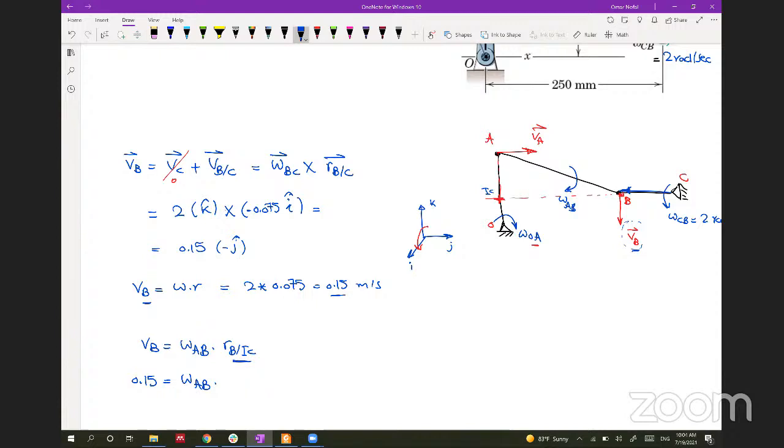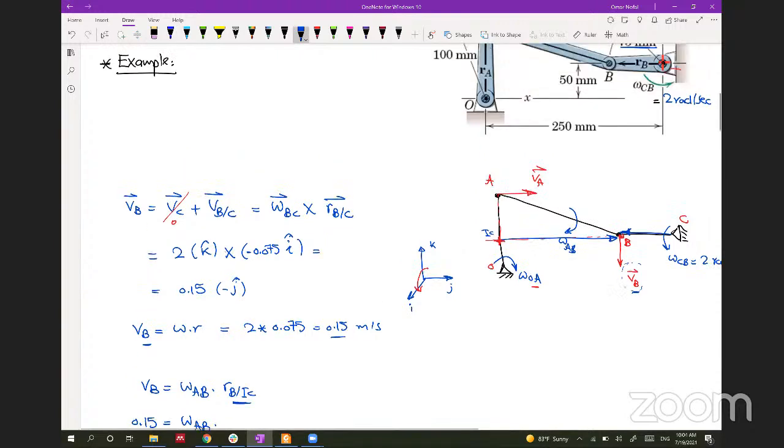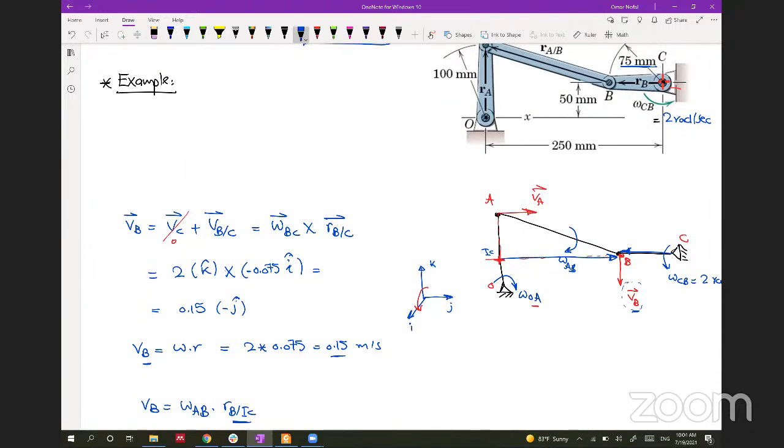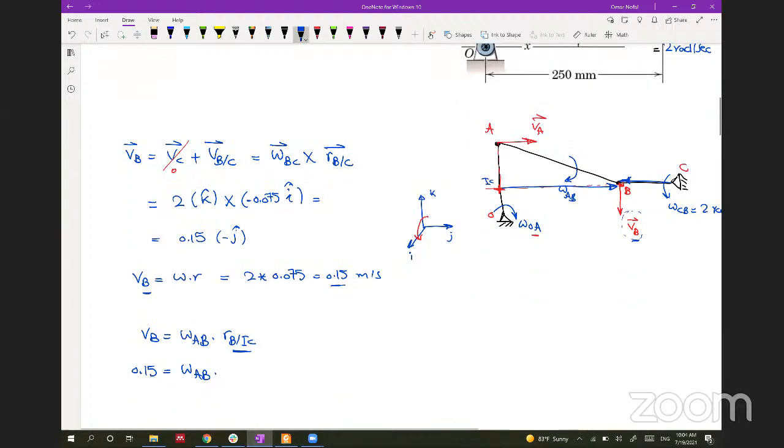But we know the RB with respect to the IC. RB with respect to the IC is this vector, which will be 250 minus 75 millimeter. So it will be 0.175, and then we can get omega AB, and this should be 0.857 radian per second.